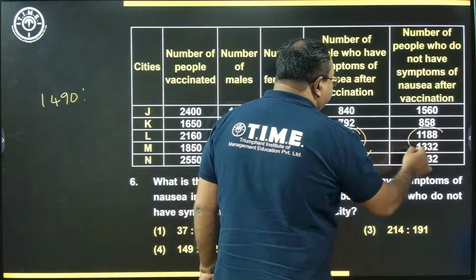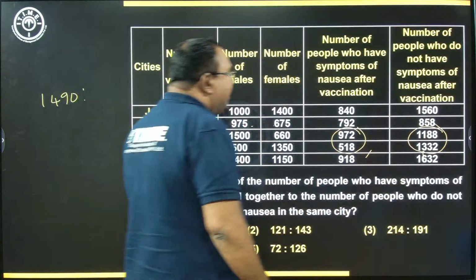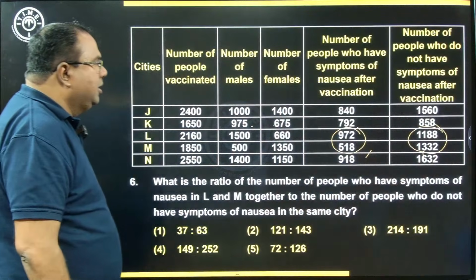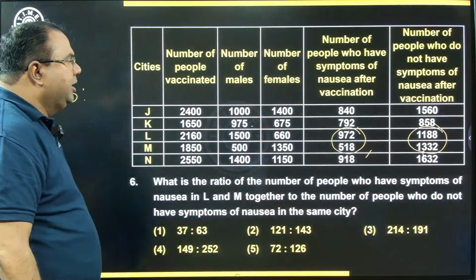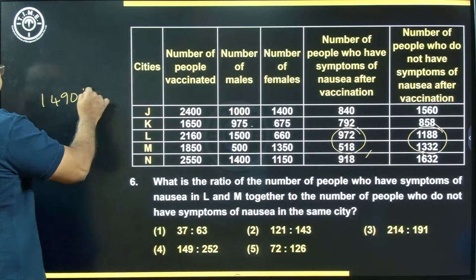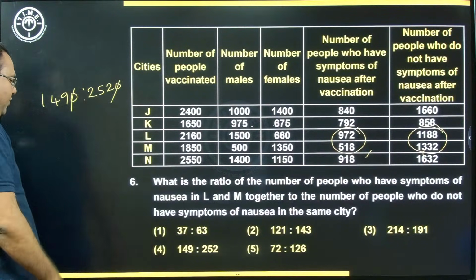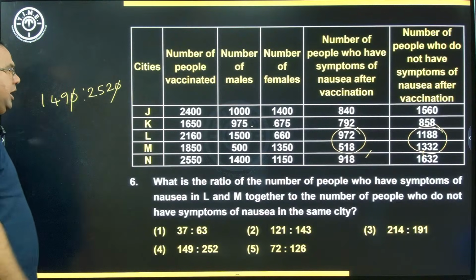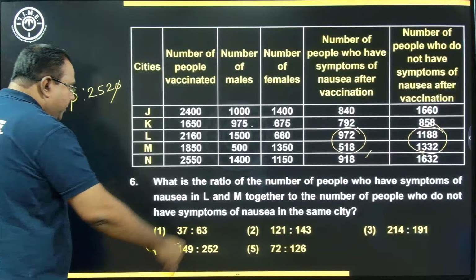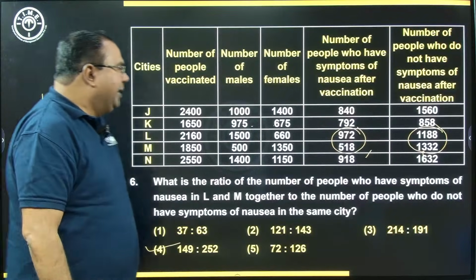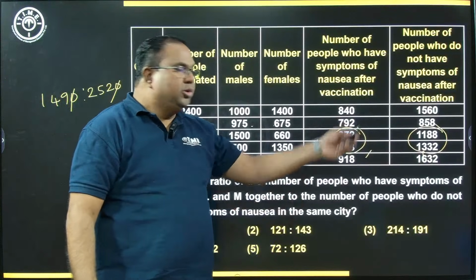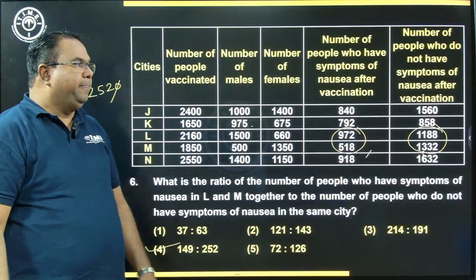Add these two. 1190, 2490, 2520. Ratio of these two. 0 will be cancelled. 149 is to 252. It is present in choice 4. Those who have nausea feeling in L and M put together is to those who do not have nausea feeling.